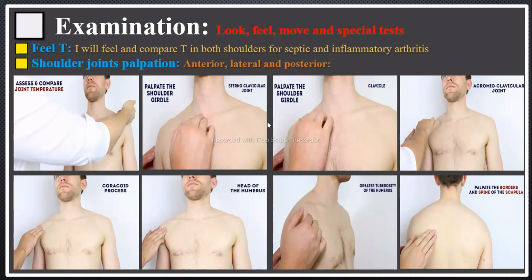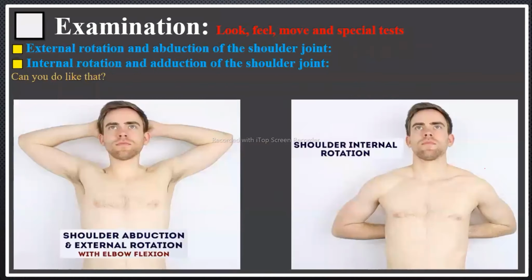So if the patient is not moving and on palpation he has tenderness, it means tendonitis. If he has tenderness on the acromioclavicular joint, what does it mean? Acromioclavicular pathology. We don't know now. Is it a tear or dislocation or what? Right? Yes, okay.